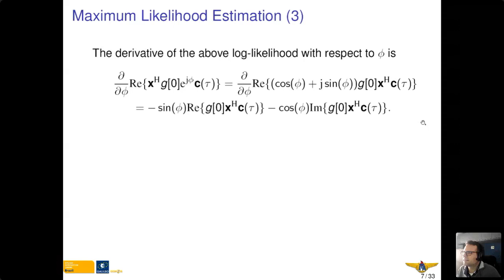Yeah. So let's move on to slide 10. The feedback structure in practice to maximize the cross correlation function, the square absolute value of x Hermitian c, is a non-coherent delay lock loop, which is the result of applying a gradient ascent method.